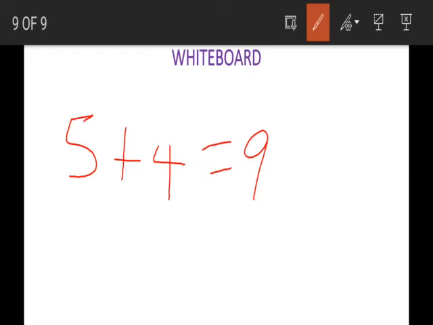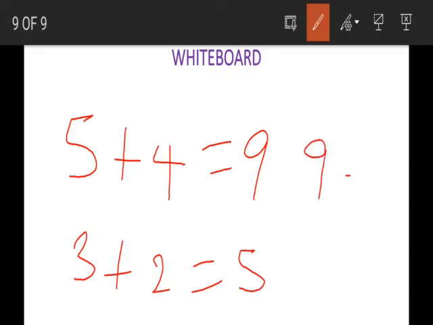Then the 2 numbers on the right hand side, we add them together, which is 3 plus 2, and 3 plus 2 gives us 5. Then you subtract 9 minus 5, which gives us 4. That was how the 4 at the middle of that rectangle was gotten.